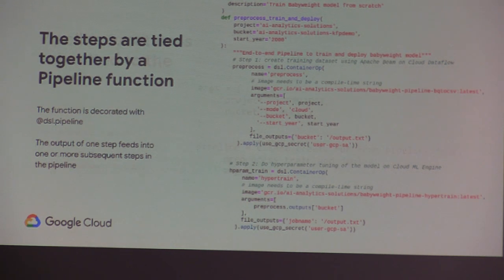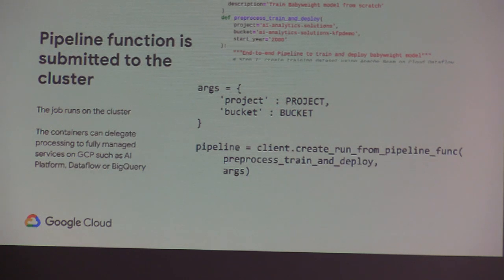It's pretty cool. So once I write my pipeline, I have to submit it to the cluster. And the way I do that is that I can basically say client run from pipeline function, and basically passing in the pre-process, train and deploy, and any kind of adaptable parameters, and that's the args. Okay.